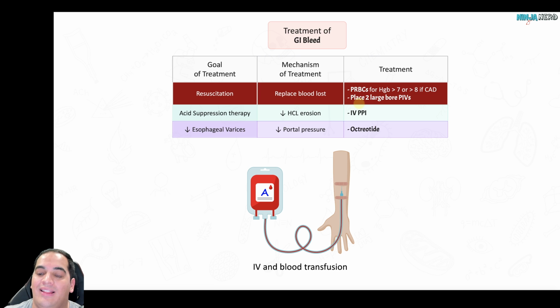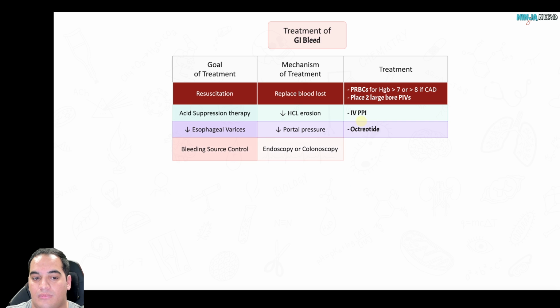The reason behind this is that octreotide will vasoconstrict those splanchnic vessels and reduce the portal pressure and help to reduce the further bleeding there so that you can stabilize them enough to go and treat the underlying cause, which is the varices. So again, transfuse these patients for these goals if they're hemodynamically stable, get good access, give them a PPI, especially if you have a suspicion of upper GI bleed, and octreotide only if you think that they have a history of cirrhosis and could have esophageal varices.